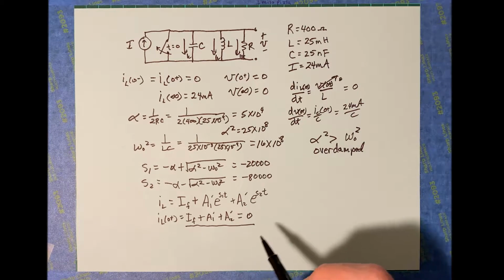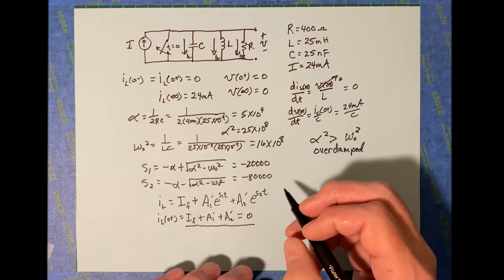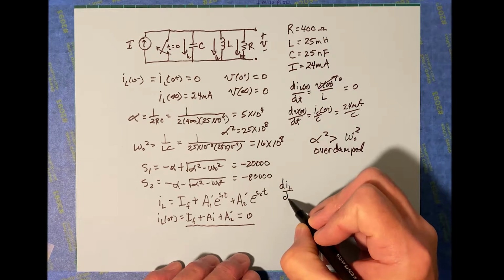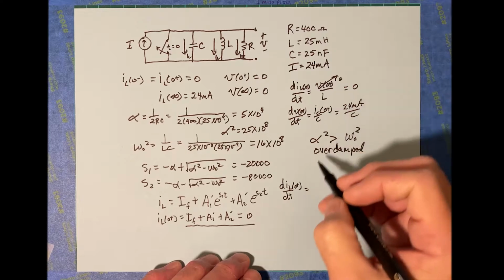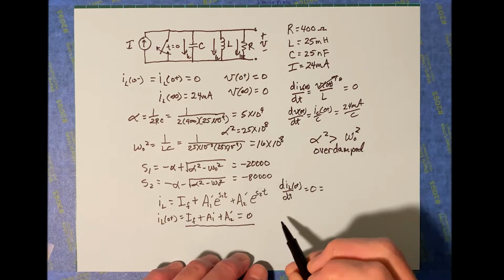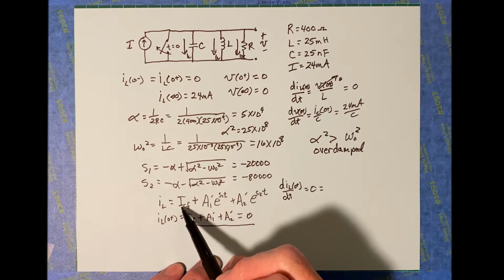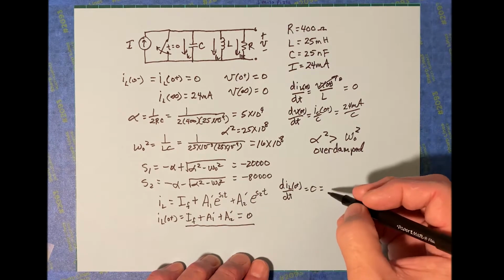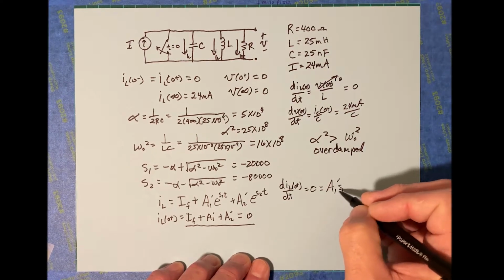The other one is going to involve the derivative, which is this right here. So we know that the derivative of I sub L with respect to t evaluated at 0 plus is also 0. You take the derivative of this with respect to time. The I sub f, because it's a constant, goes away, and we're left with A1 prime S1.